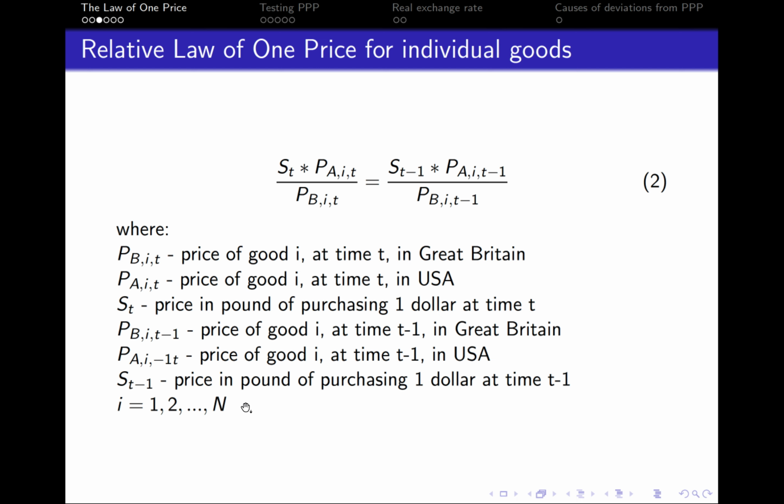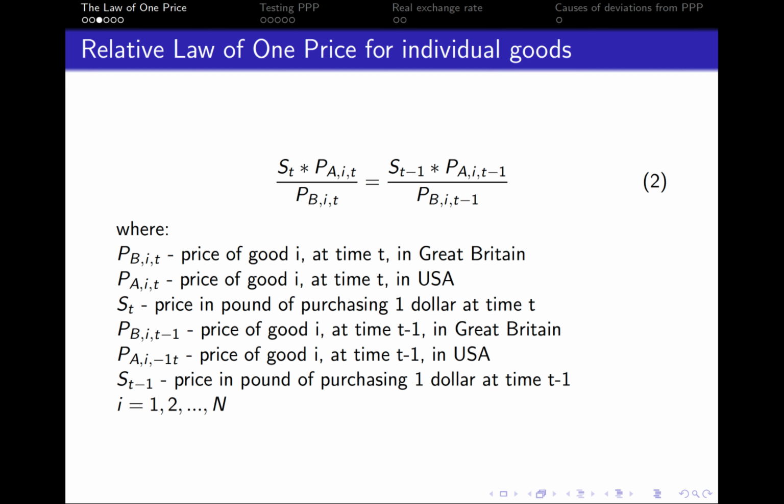So even if it was possible, it would definitely be troublesome to establish a relationship based on prices of individual goods. So what can we do?